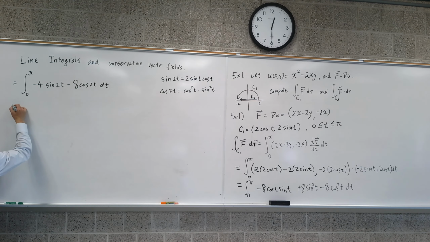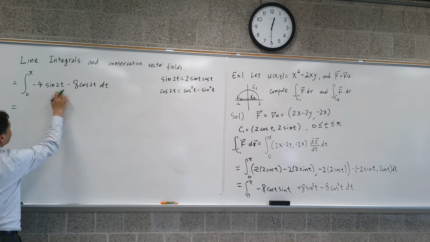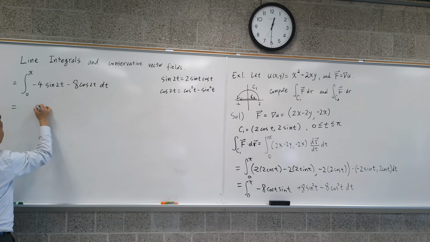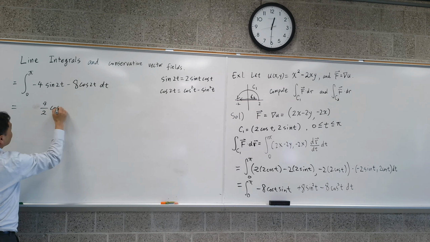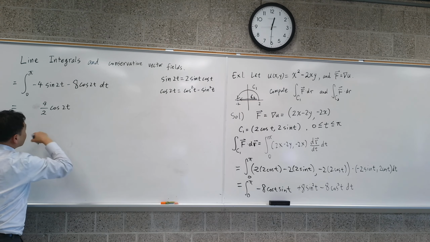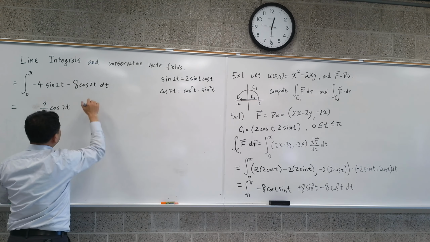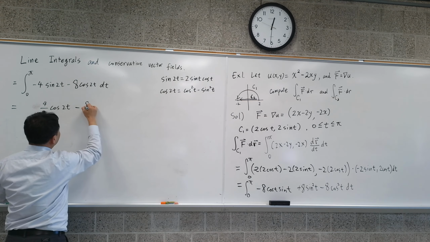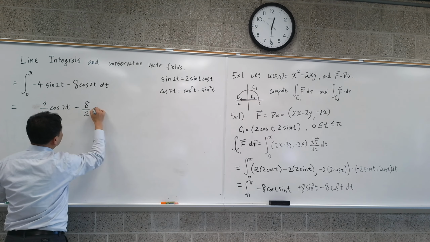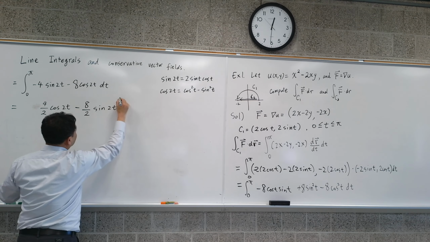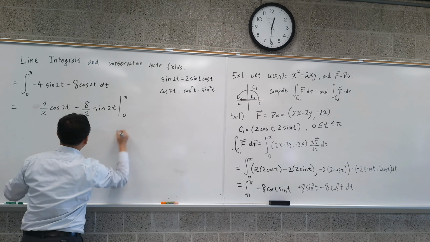Okay, so now the integral becomes negative 4 over, actually positive 4 over 2 cosine 2t. And then this integrates to negative 8 over 2 sine 2t. You're plugging in pi and 0.